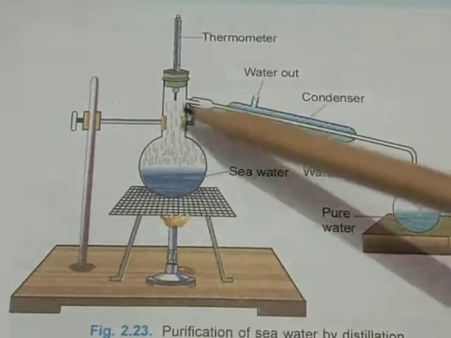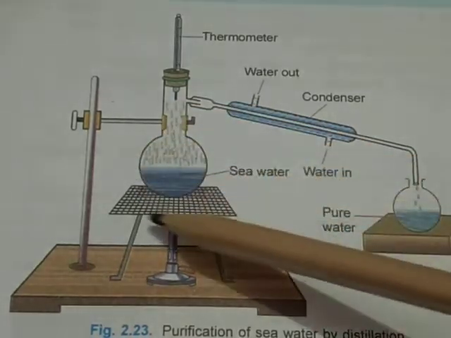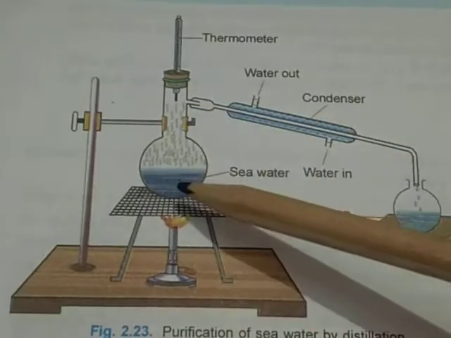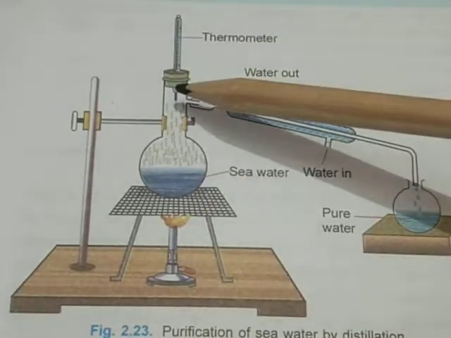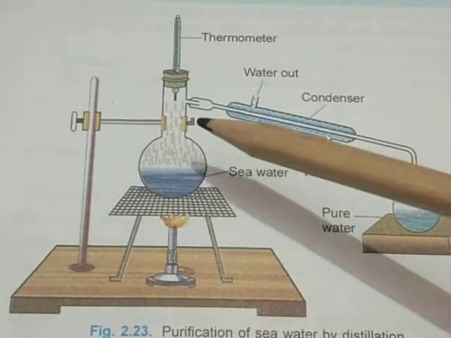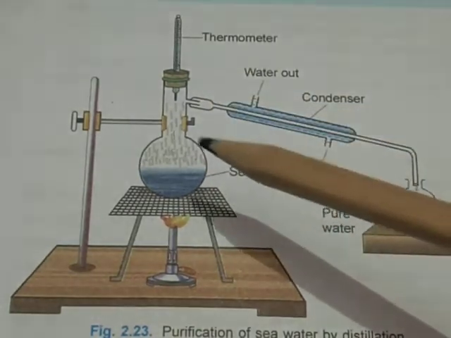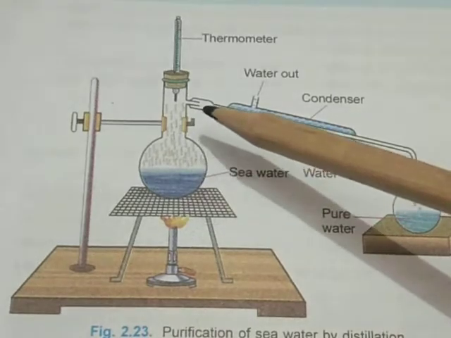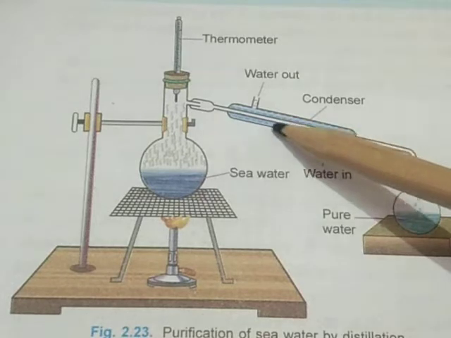This is also called a distillation flask or round bottom flask. It is provided with a thermometer to record the temperature and an outlet for the vapors. This is the outlet for vapors.